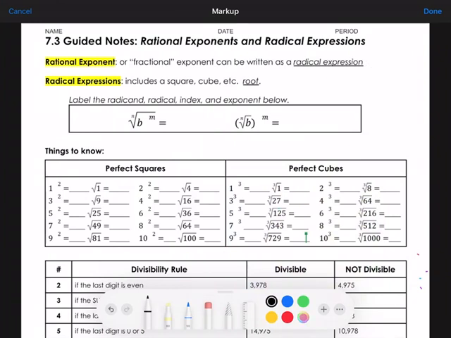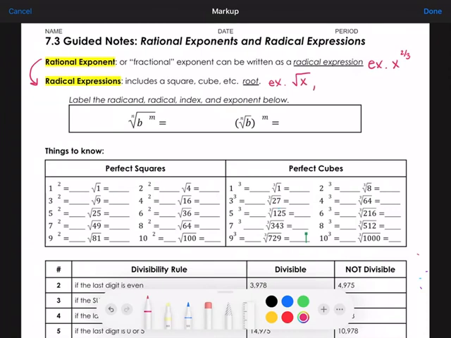What I mean by a fractional exponent is that we have, like, x to the 2/3 power, where the exponent is actually a fraction. These rational exponents can be written as radical expressions, which include square, cube, and fourth roots.